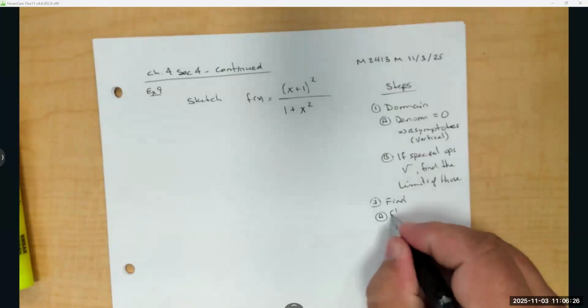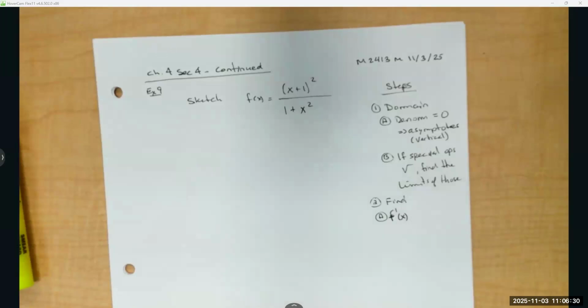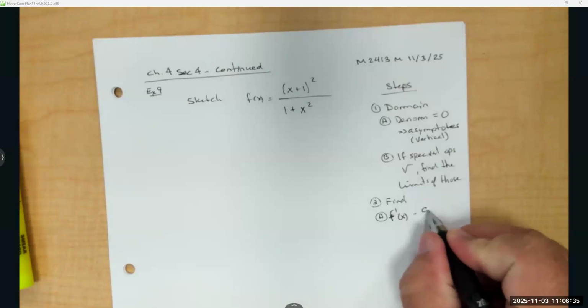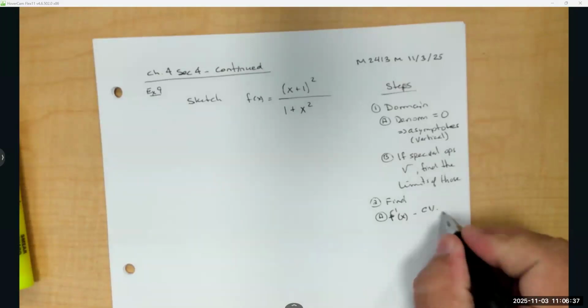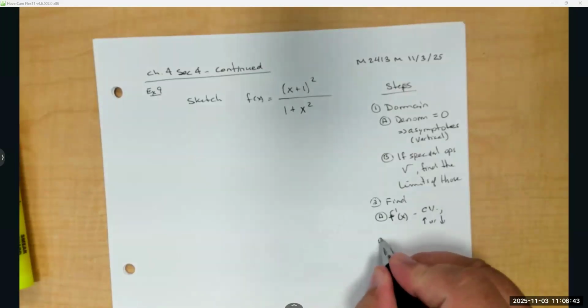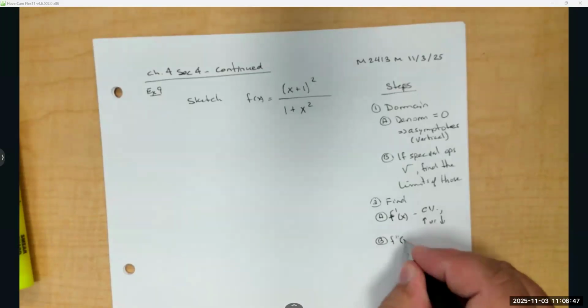Find the first derivative. What that's going to do is help us find our critical values, and then we'll know whether the function's increasing or decreasing. Then we find the second derivative.